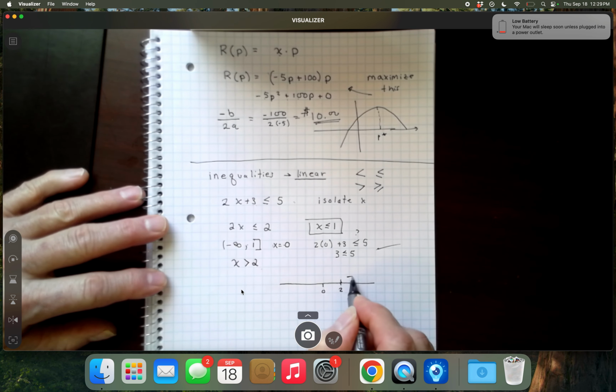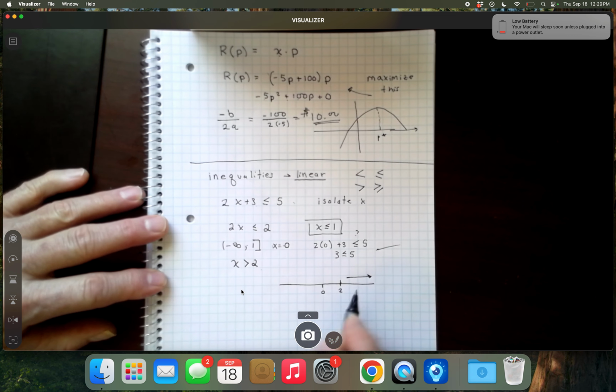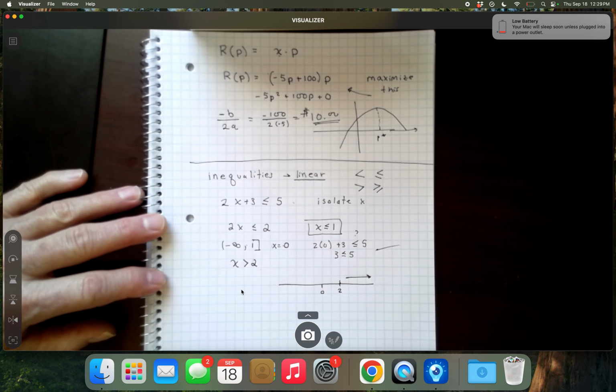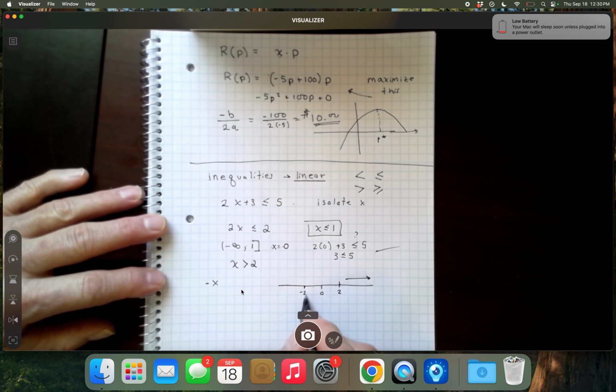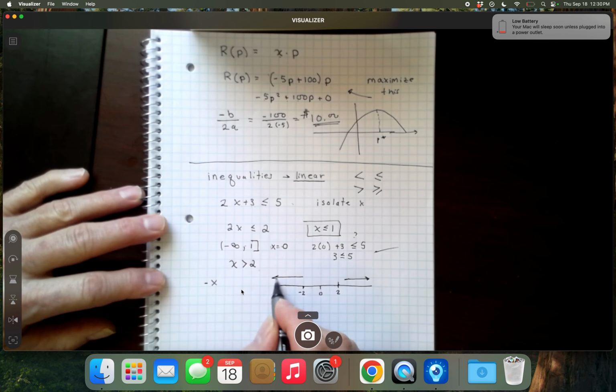If x is greater than 2, it's over here. And someone might ask, what can you tell me about the opposite of x? If x is greater than 2, the opposite of these numbers are over here. The opposite of 3 is minus 3. So the opposite of this set is this set.